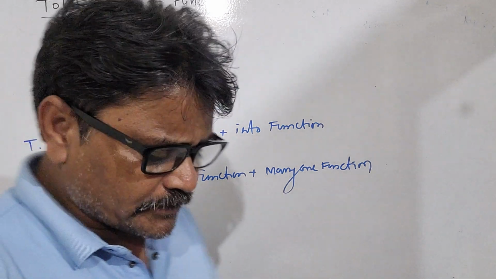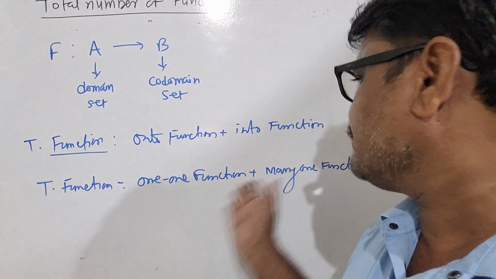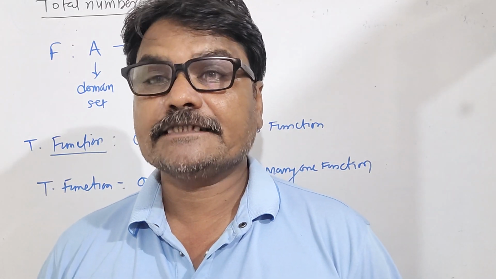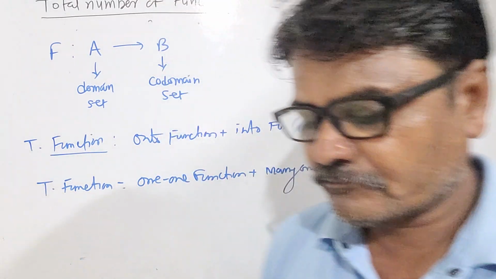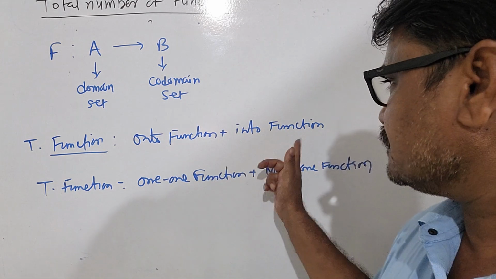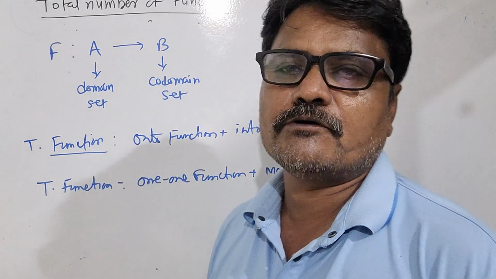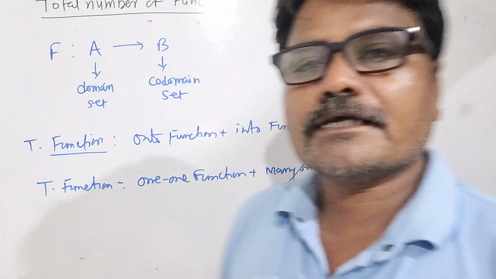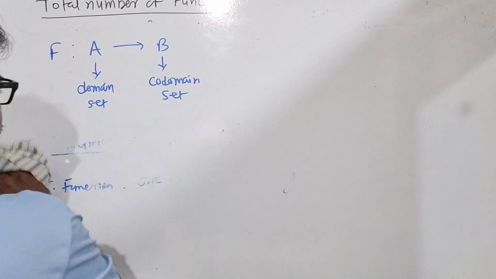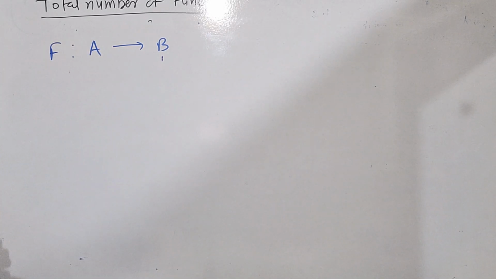Okay, definitely the total number of functions, onto functions, into functions, one-one functions, many-one functions, all depend upon the number of elements present in set A and set B.